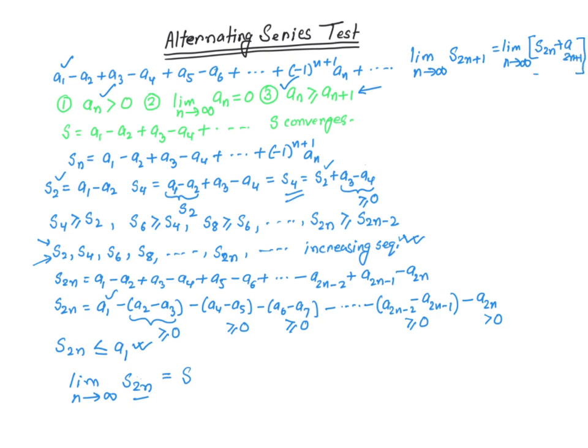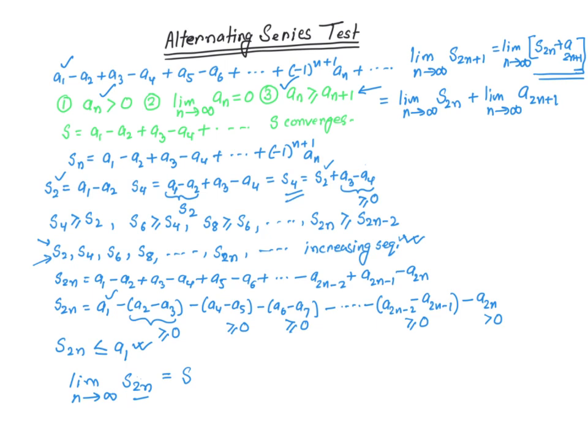So this is very important for you to understand. S sub 2n plus 1 is nothing but S sub 2n plus A sub 2n plus 1. Now by using the properties of limits, we could say limit as n approaches infinity of S sub 2n plus limit as n approaches infinity of A sub 2n plus 1.